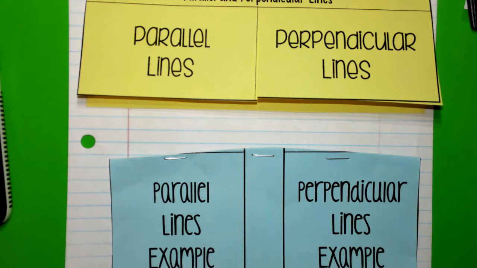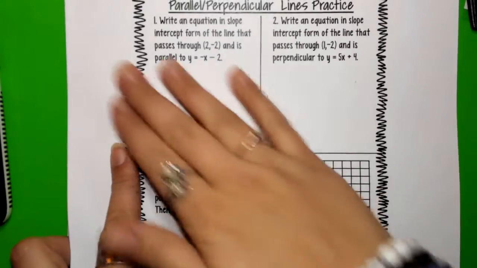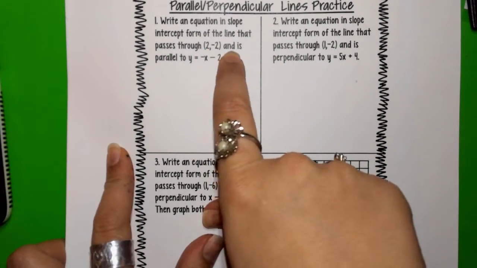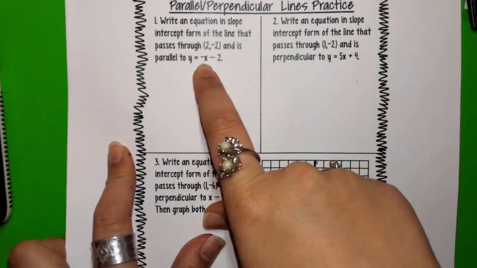Now tonight, when you're working, I put this white piece of paper on your desk. You are going to write an equation in slope-intercept form of the line that passes through (2, -2) and is parallel to this one.